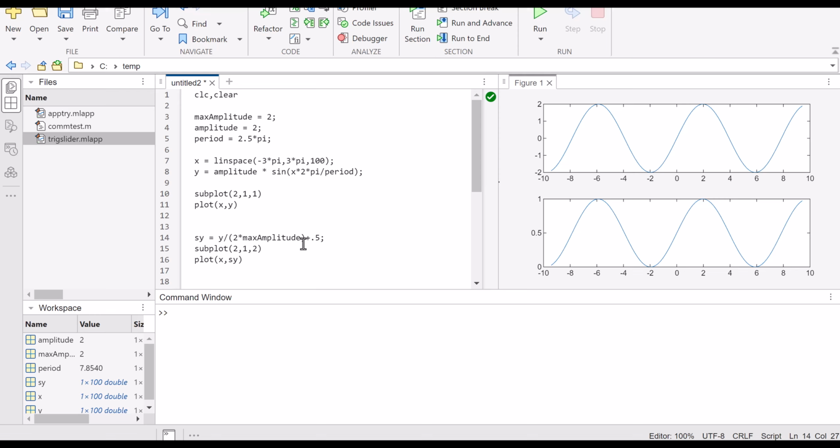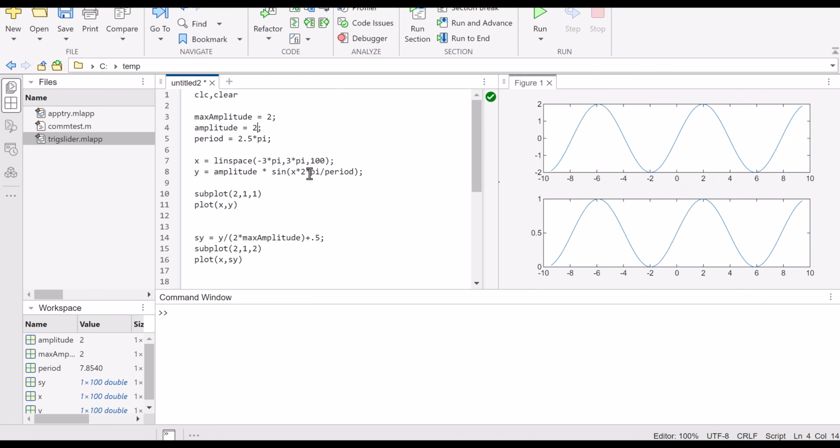Okay, so if my max amplitude is 2, does that make sense? Right now, if the amplitude is set to max and the earthquake is going negative 2 to 2, my servo is going to go all the way down, all the way up, all the way down, all the way up.